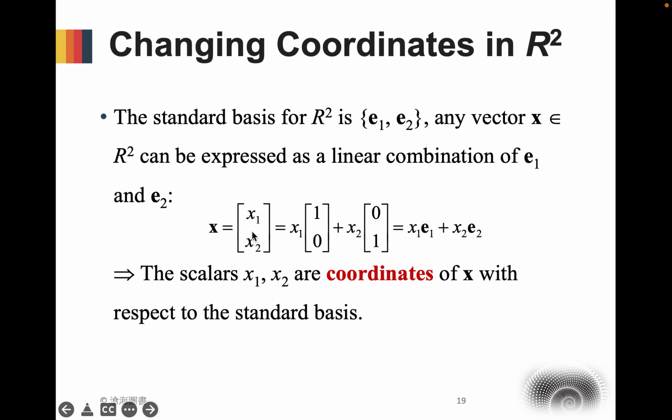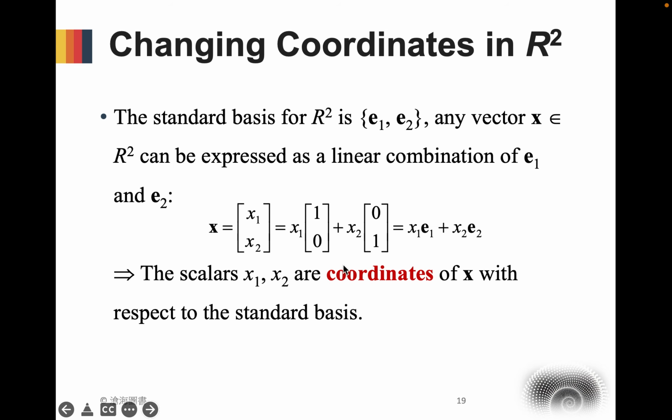Any two-dimensional vector x, that is x1 and x2, can be represented as x1 times (1, 0) plus x2 times (0, 1), right? So we say that the scalars x1 and x2 are coordinates of x with respect to the standard basis.